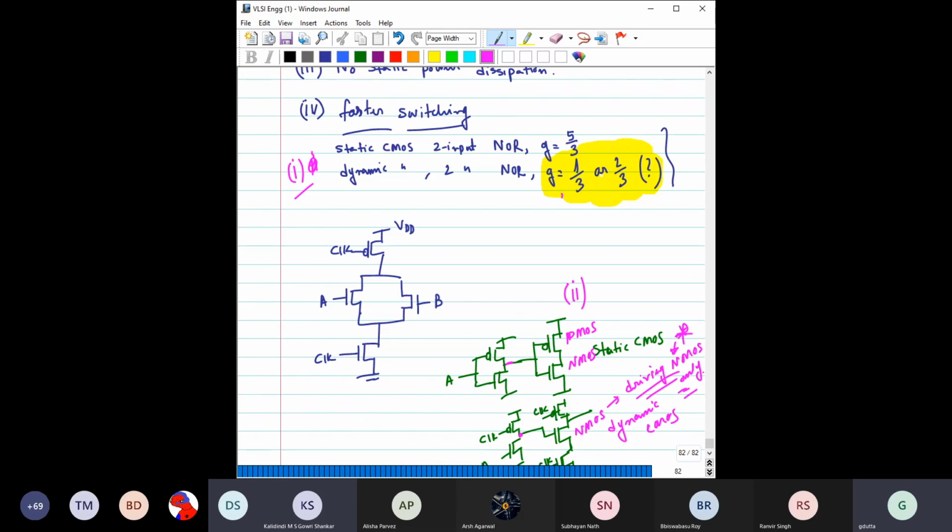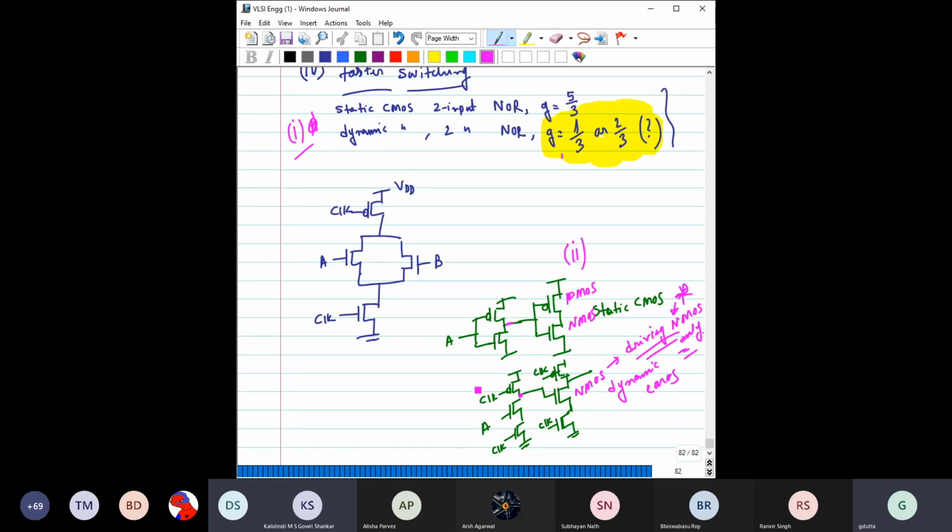Okay, if you have understood this part, fine. Then let me ask you one more thing. This is again an inverter only, no?